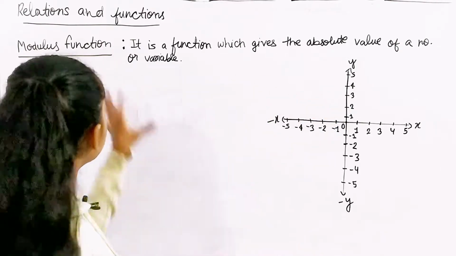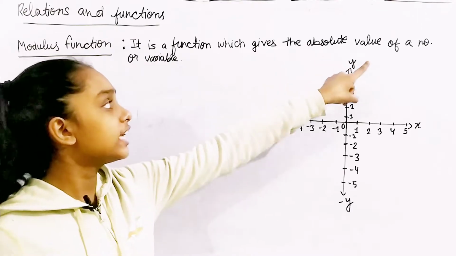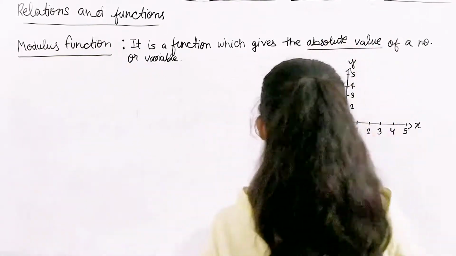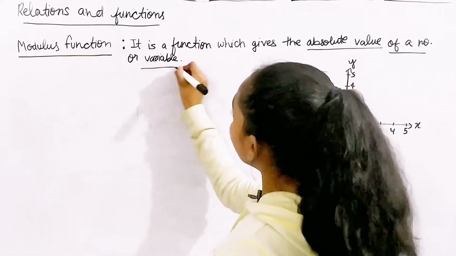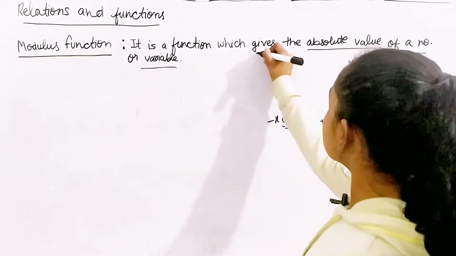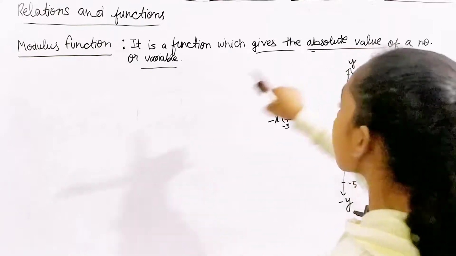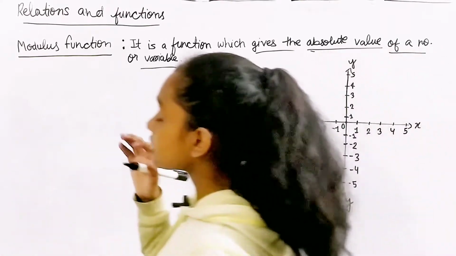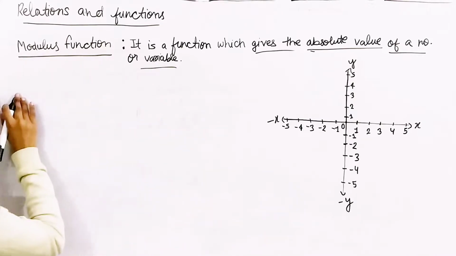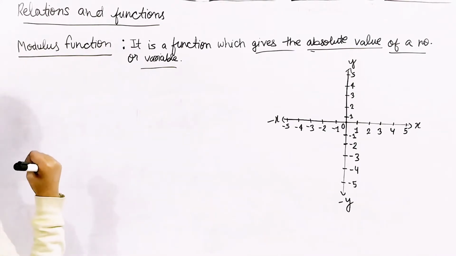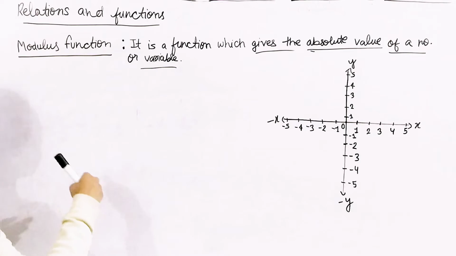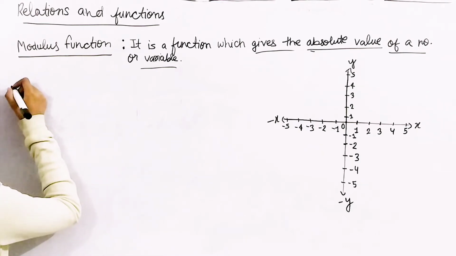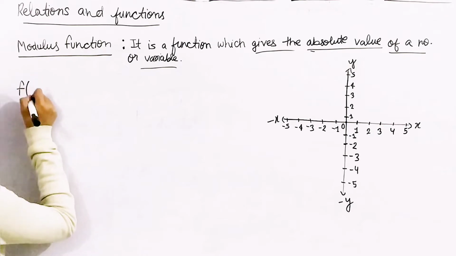So first of all, what does this absolute value mean? Absolute value of a number or variable. Let's understand it with an example, which I'm just going to take. Let's take f of x.